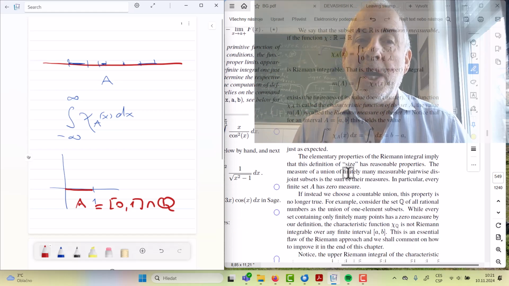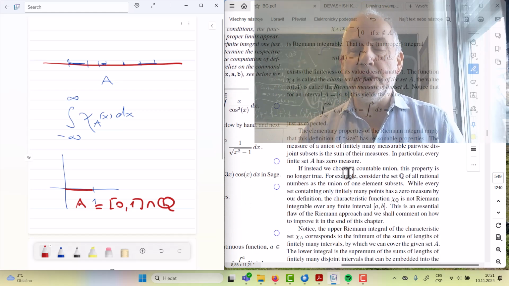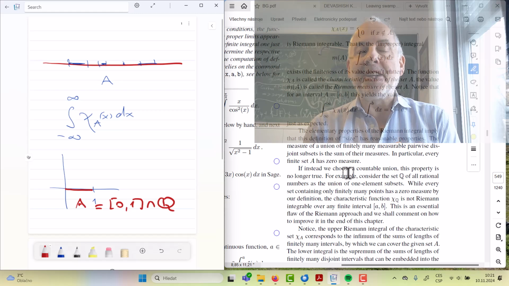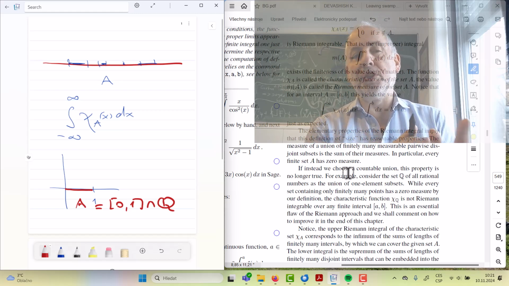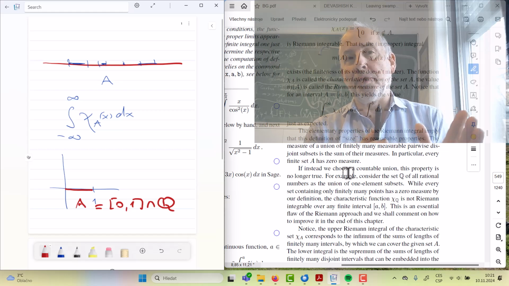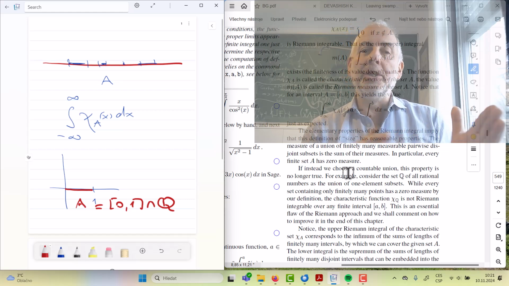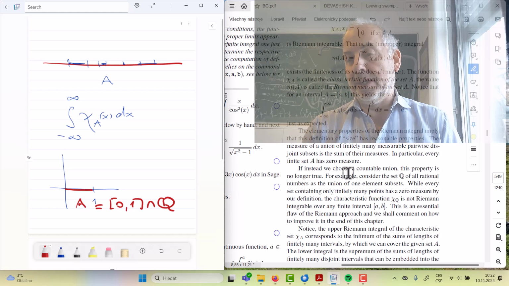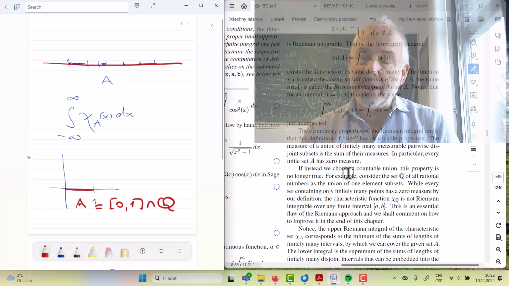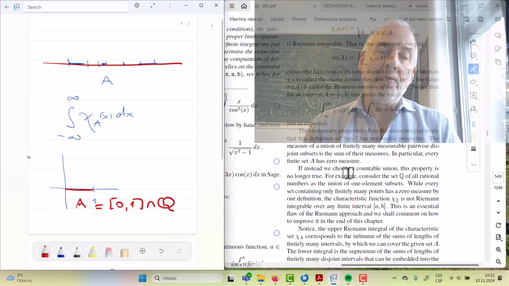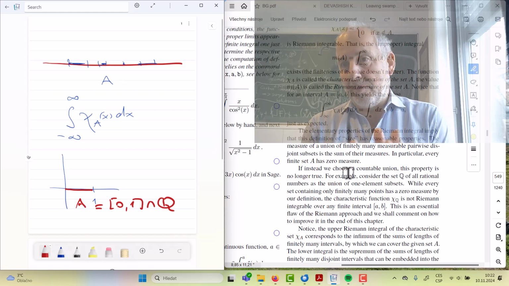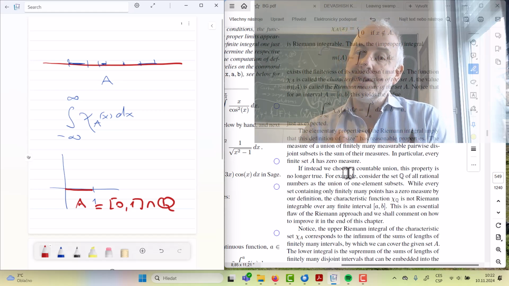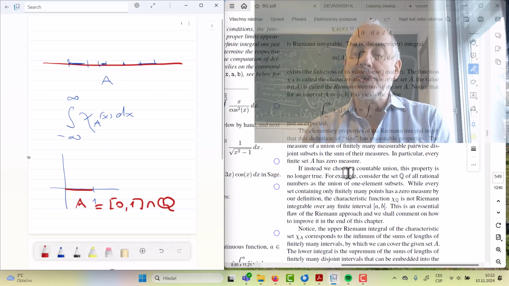Unfortunately, although it's nice that the Riemann integration is finitely additive in the domains, so if we have a disjoint union of pieces like A, which are finitely many only, then we can just say that it works. So this measurability concept is well defined for finite splitting of our sets.